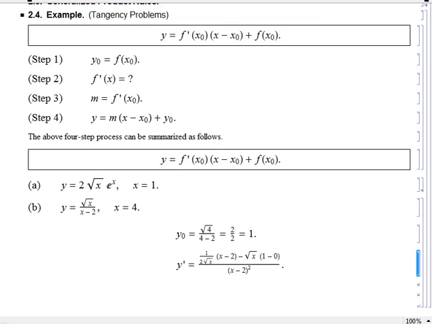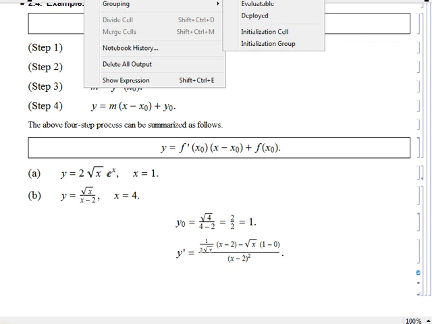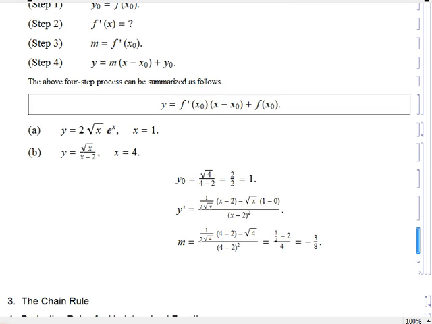That's going to be the quotient rule. The denominator is squared, alright? u prime v minus u v prime. Okay, and then let's just plug in and do some computation. We end up with m equals negative 3/8.